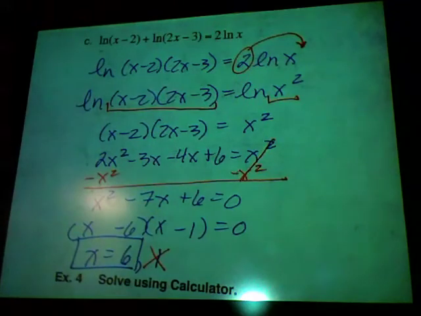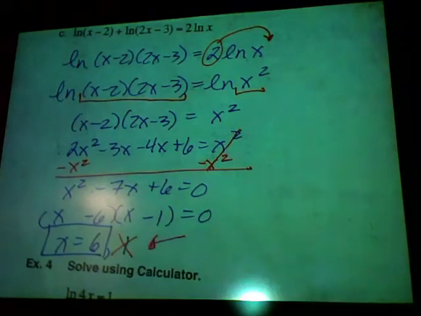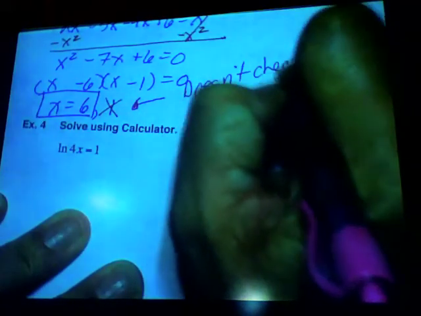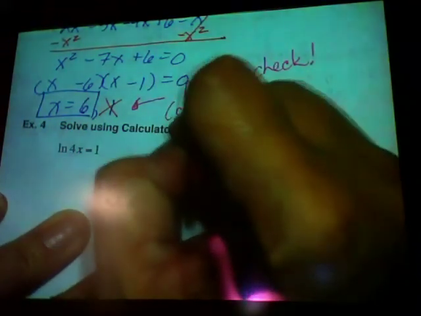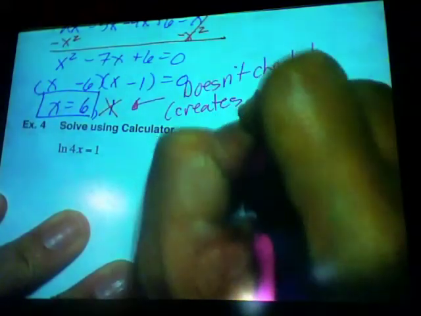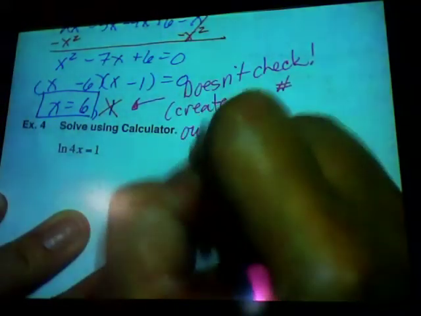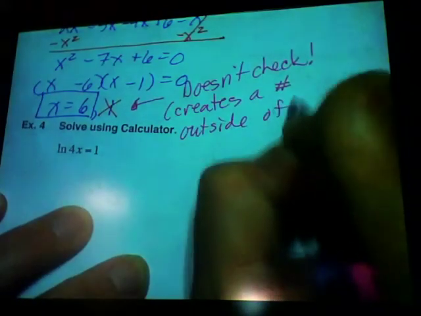So I want you to add yourself a little note here to the side because you're going to forget. So right there, I'm going to move this up so that you can see my note. Right there, doesn't check. It creates a number outside of the domain.